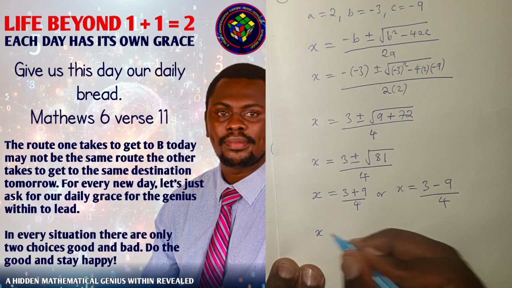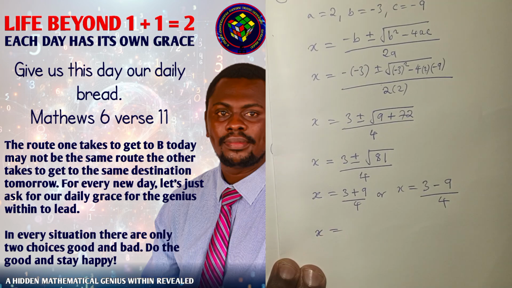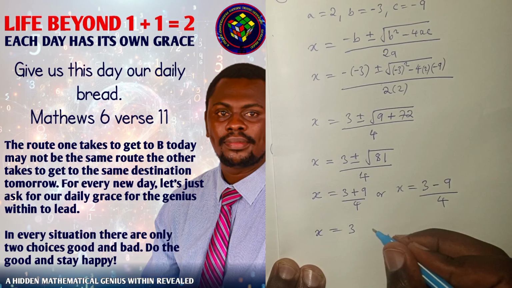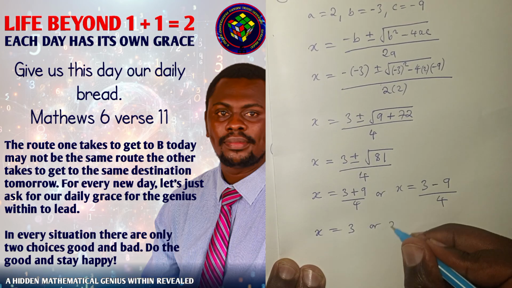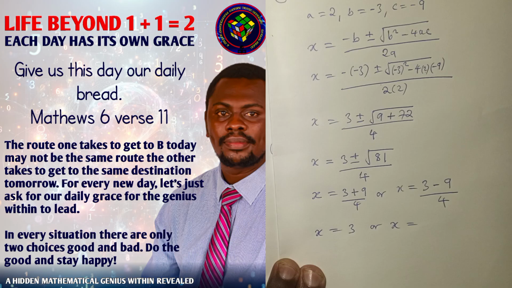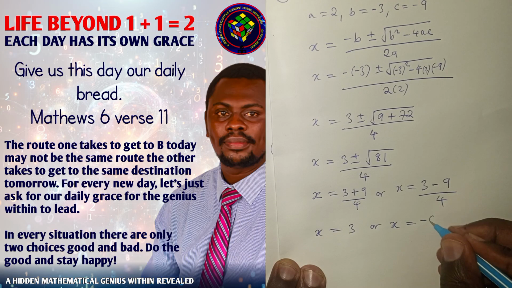So 3 plus 9 is 12, and 12 divided by 4, you get 3. So x is equal to 3, or x is equal to 3 minus 9, which is negative 6, that is minus 6 over 4.